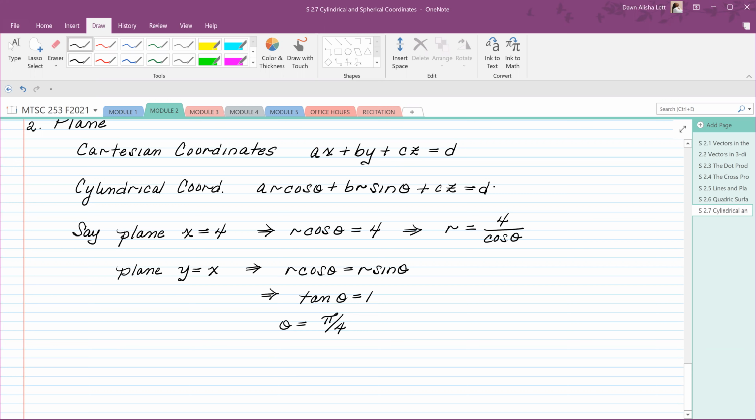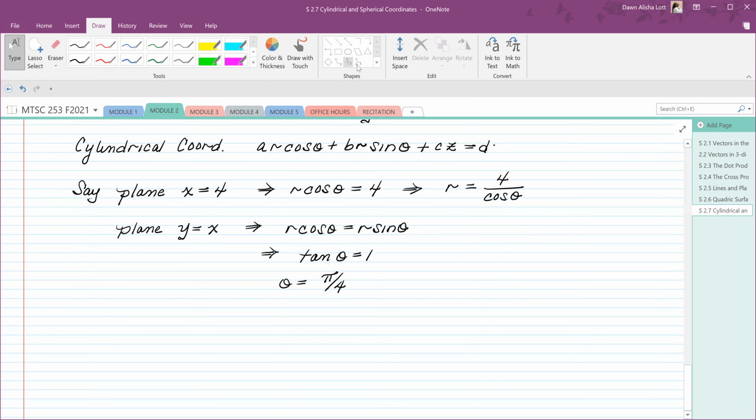So this second one, if I wanted to draw it, I would come out here, swing out here to where theta is pi over 4. And then I would have a ray. Ooh, that's ugly. I would have a plane going through there.